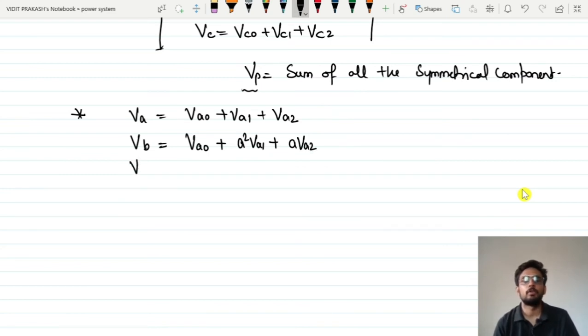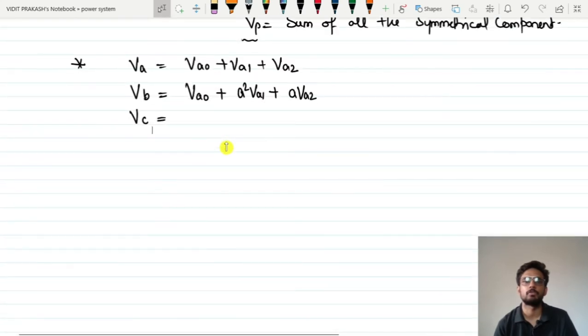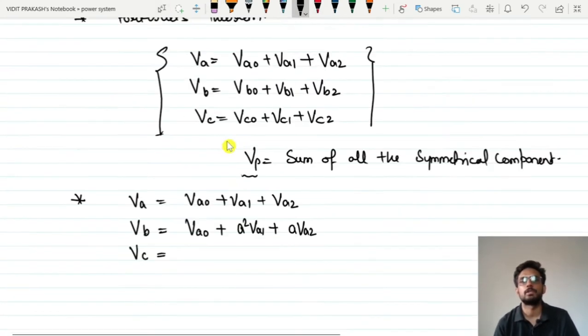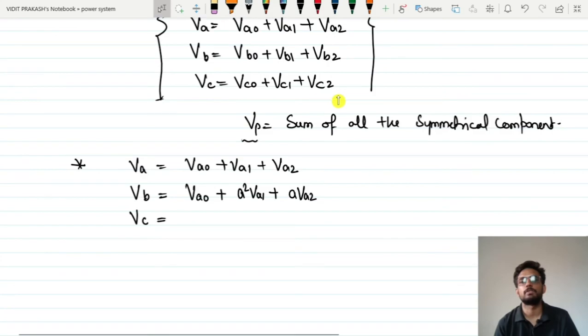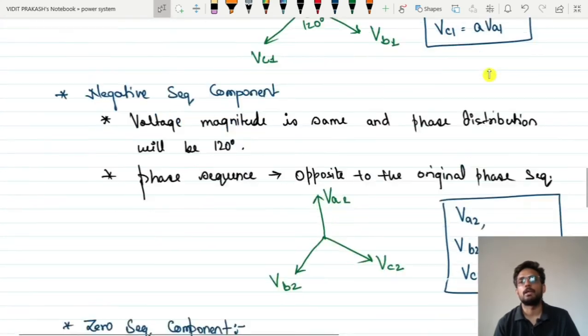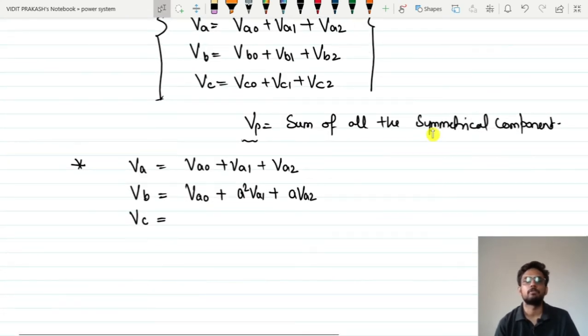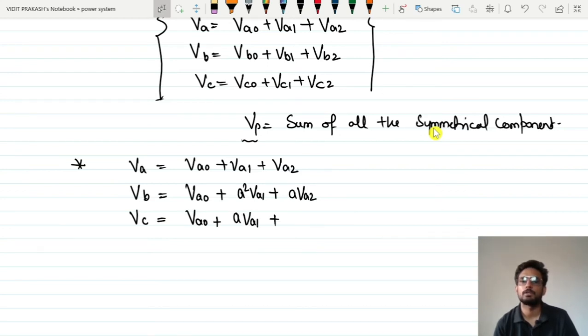Now we represent the third phase symmetrical components in terms of the first phase, that is the A phase, symmetrical components. So what will be VC? This is VC0 plus VC1 plus VC2. So VC0 is nothing but VA0, VC1 is A into VA1 and VC2 is A square into VA2. So this will be VA0 plus A into VA1 plus A square into VA2.